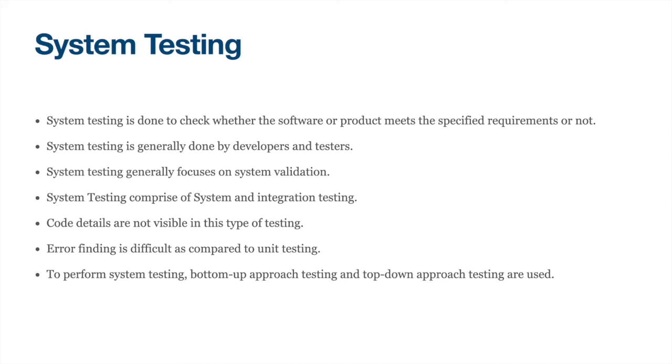So whenever someone asks you this in an interview, or even a junior fresher wants to understand: okay, I know that unit testing is done by developers and system testing is done by testers, but what else? You can describe all these features to him or her, or your interviewer, and these are the reasons why unit testing is different from system testing. System testing is a whole new world.